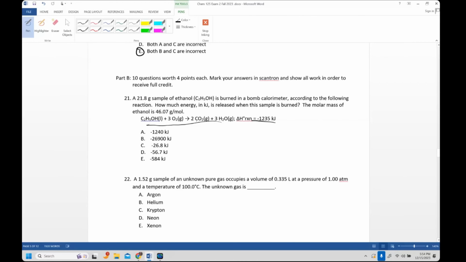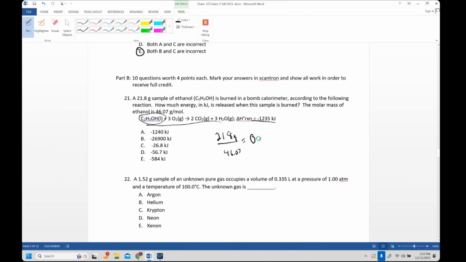In the balanced reaction, 1 mole of ethanol is responsible for the release of 1200. So we're trying to answer how much is released for 21 grams, or however many moles that is, which we can easily find out: 21.8 grams divided by 46.07 grams per mole, which is given to us. And even if it's not given to us, we can find it on the periodic table using the formula.